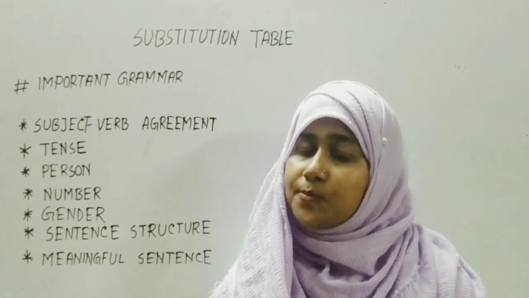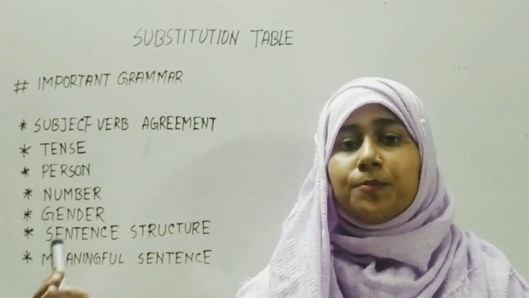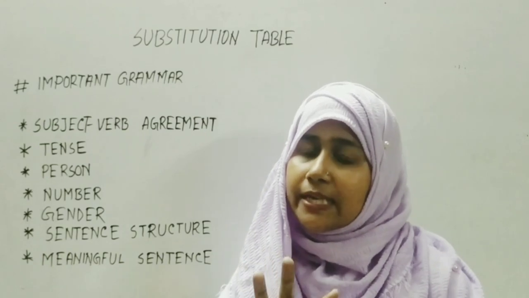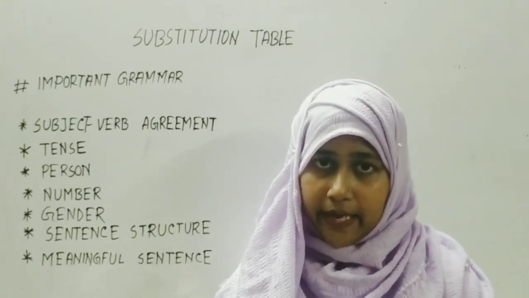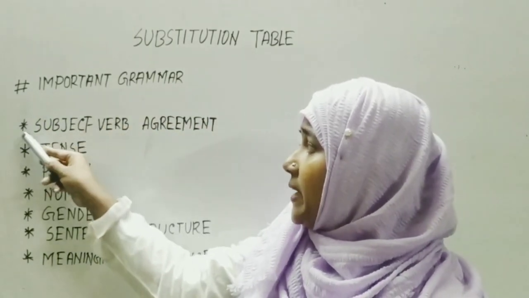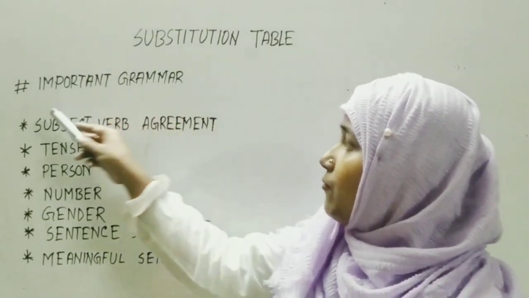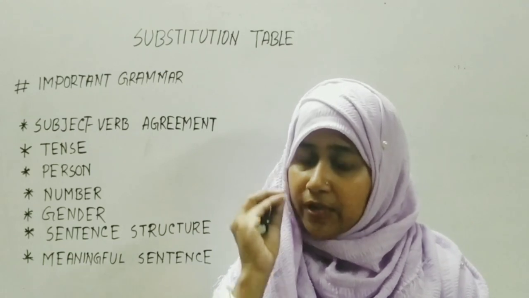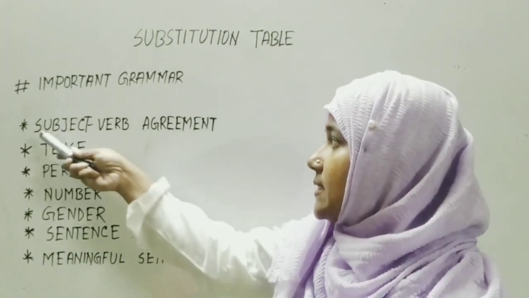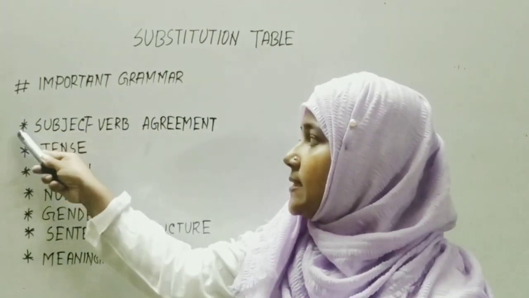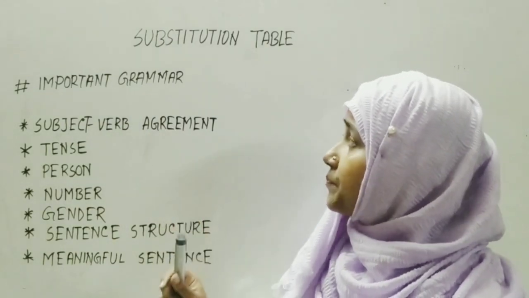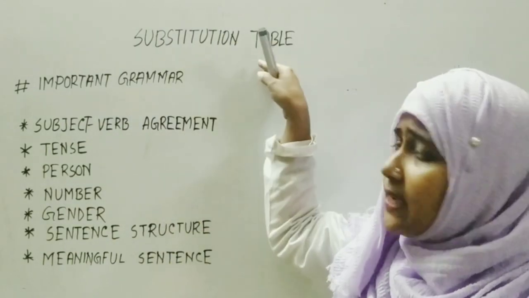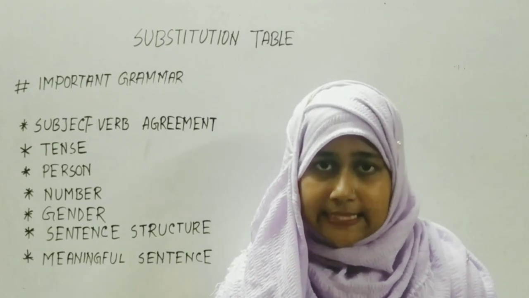If the subject is plural, you have to use a plural verb. You can follow this rule strictly. You can take help from this grammar to make a complete sentence.